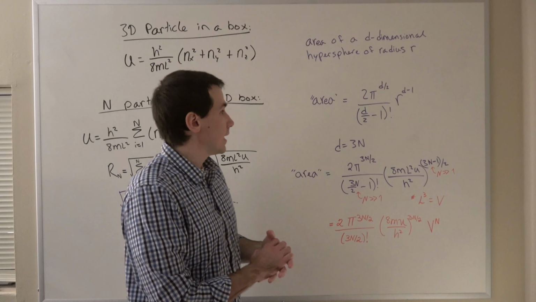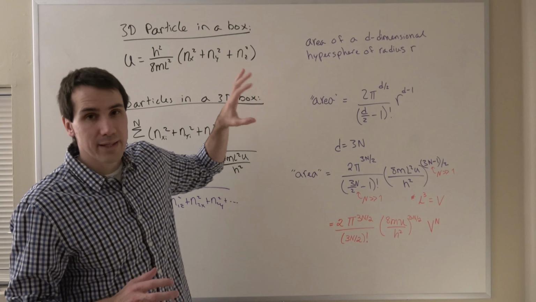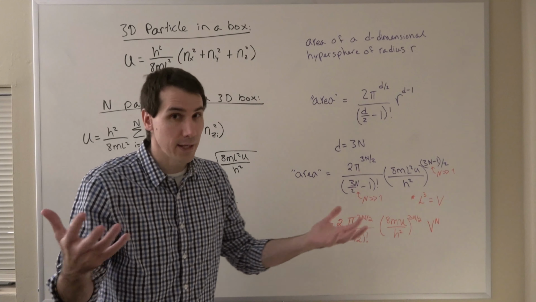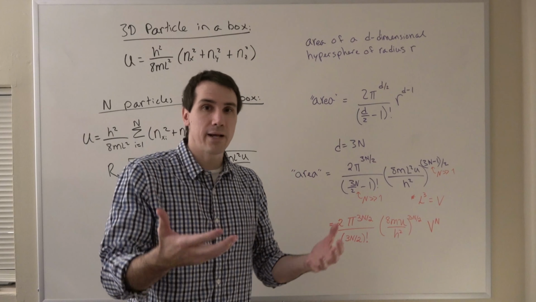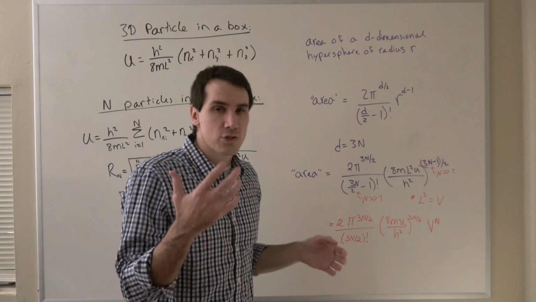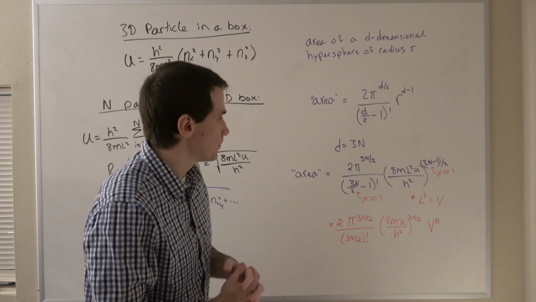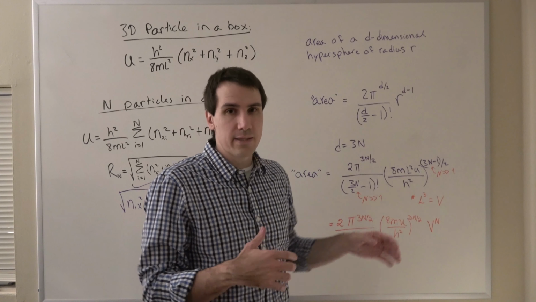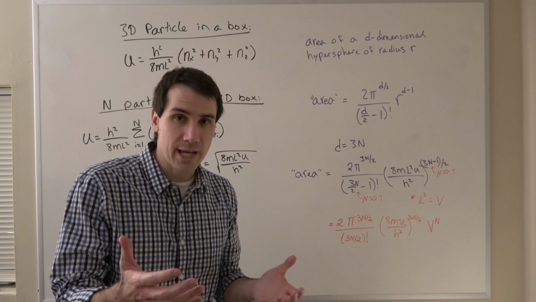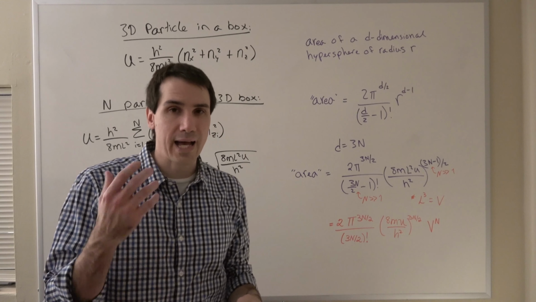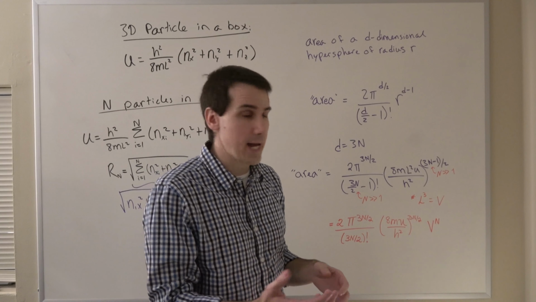In general, the surface area of a hypersphere, a sphere-like thing that exists in higher dimensions than 3, is given by this formula here, which is derived in the back of the book, where little r represents the radius of that sphere, and little d is how many dimensions the sphere has.